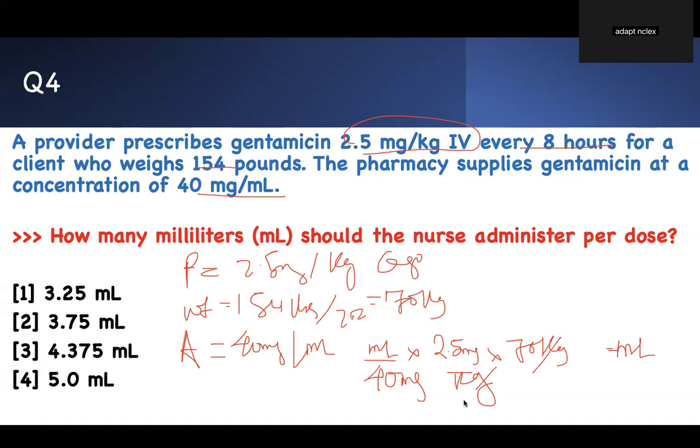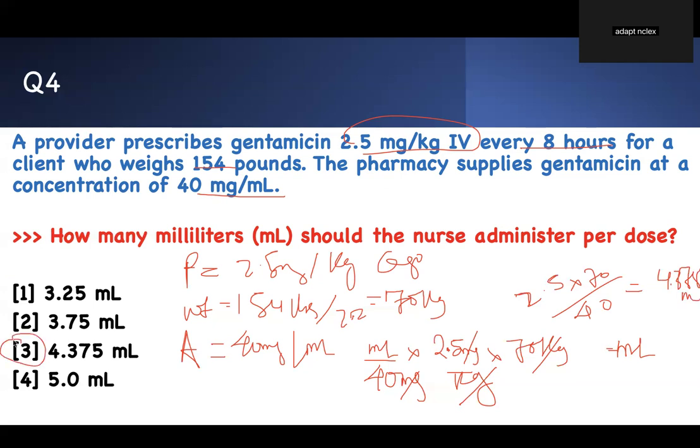So kilos cancel kilos, milligram cancels milligram, and you have 2.5 times 70 over 40, right? This will give you 4.375 ml. So this is it.